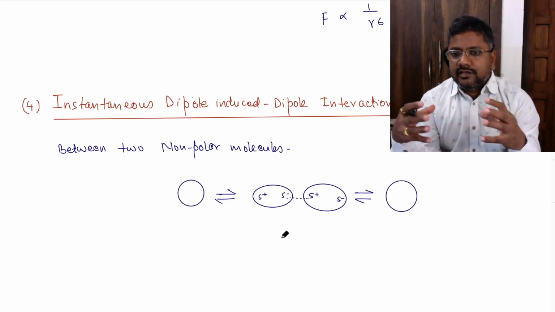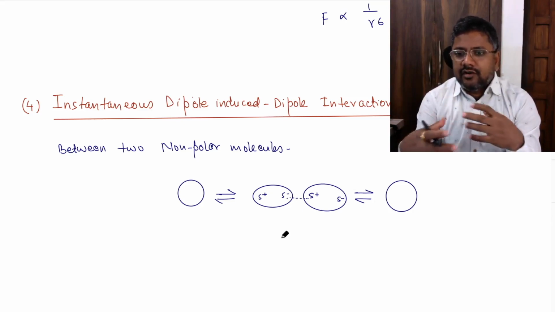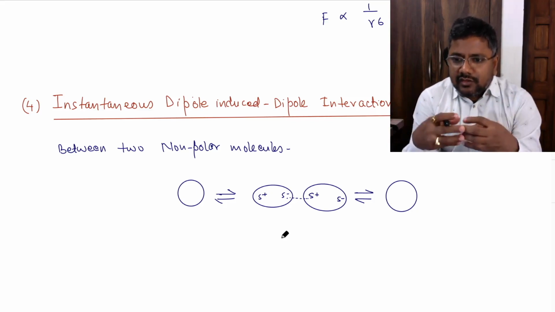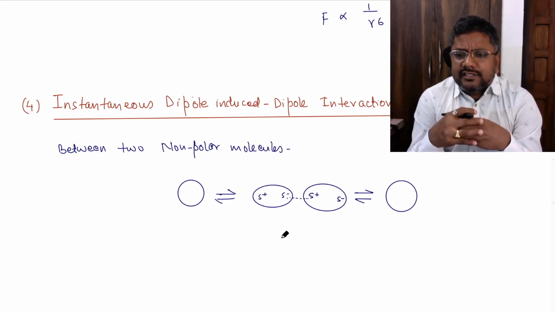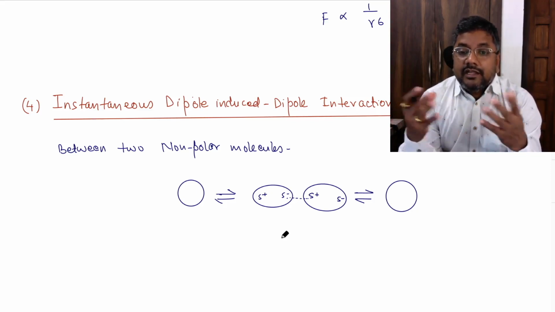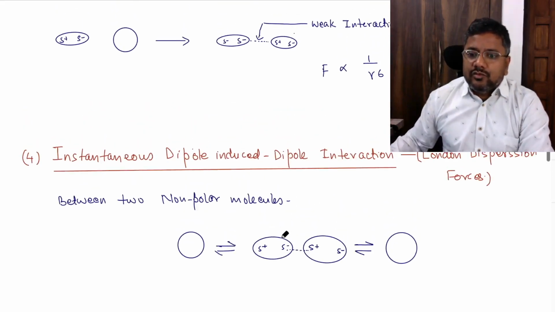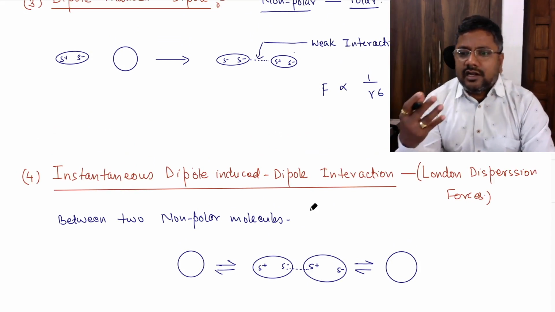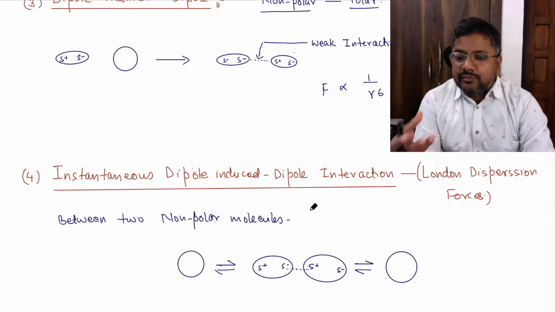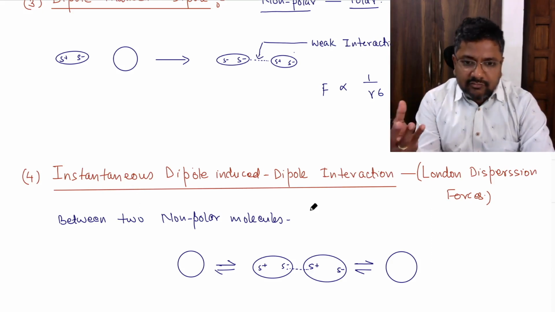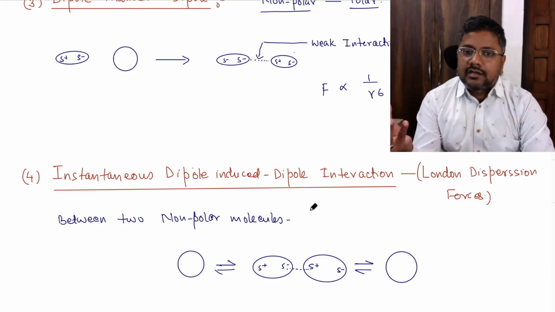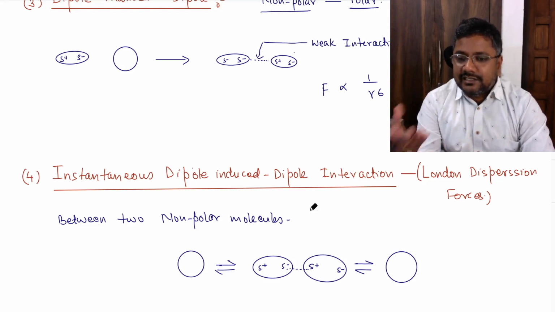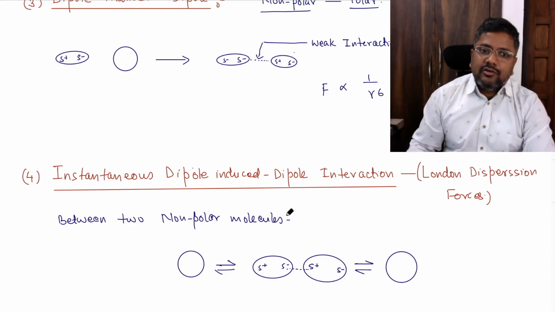So in this way, this deformation and reformation of the electron cloud takes place instantaneously, and molecules are colliding with each other. This type of interaction is more prominent in the gaseous phase, particularly between two non-polar gases. If someone asks what is the cause of the intermolecular force between two helium molecules, which are perfectly non-polar and symmetrical, how is this force of attraction present between helium molecules?